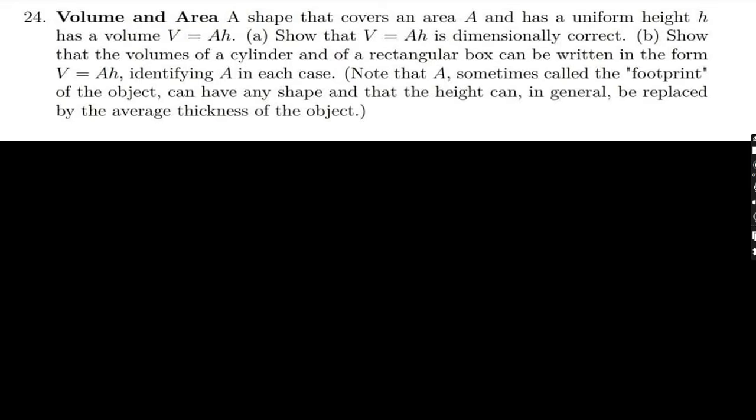The last one, we've also done this question before. A shape that covers an area A has a uniform height h and a volume given by area times height. Show that this formula is dimensionally correct. As usual, volume, for an irregular object, is given by L B h.